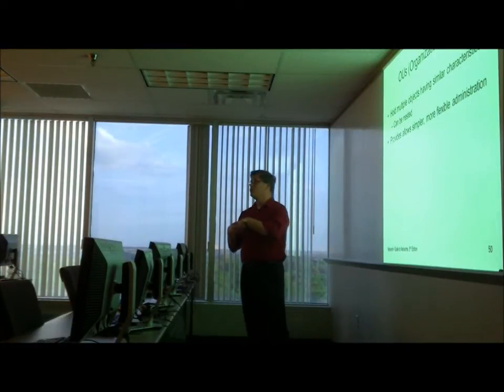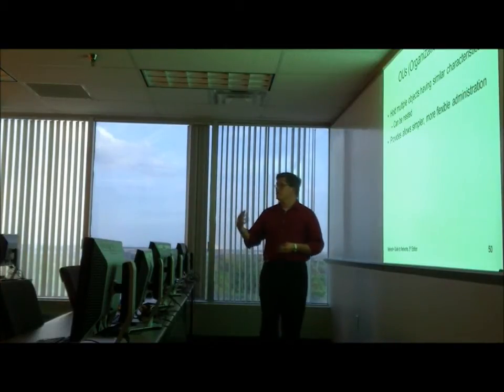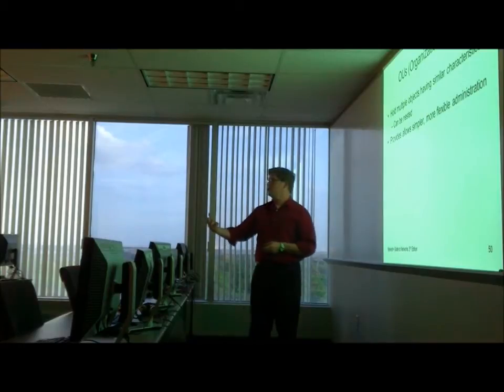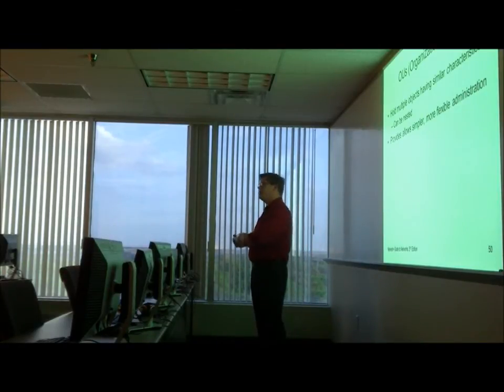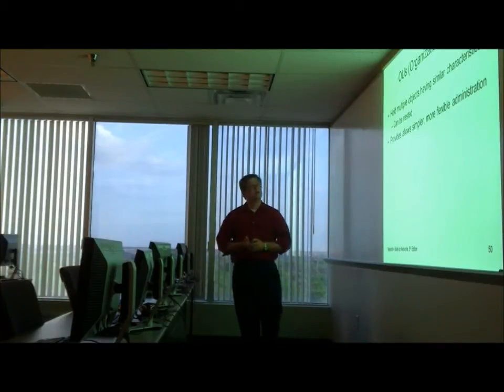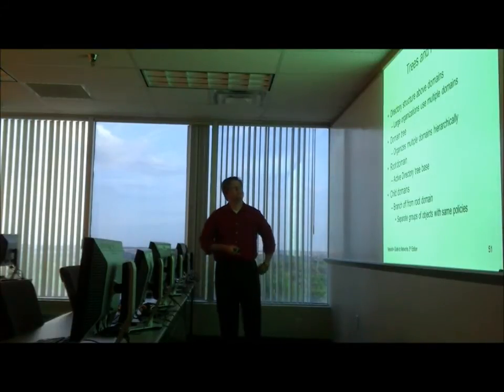Well, we may want to group users within a certain area along with printers in a certain area on a particular floor of a particular building, and apply certain security controls to that organizational unit. So that, for example, print jobs can only be done by users in this organizational unit on this floor from 8 a.m. to 9 p.m. or something like that, depending on the needs of our organization.